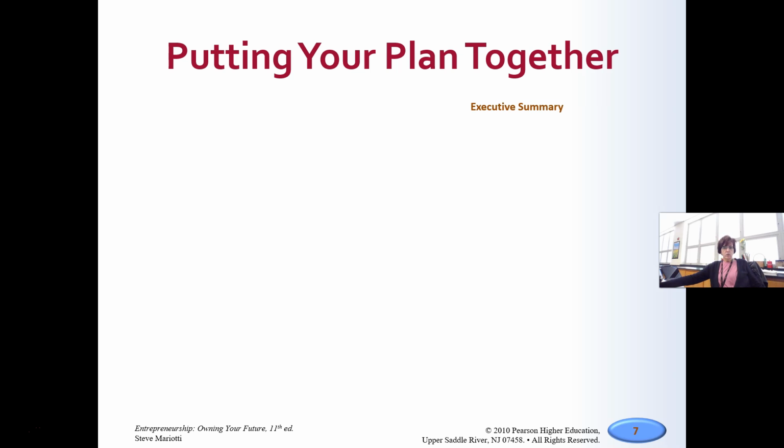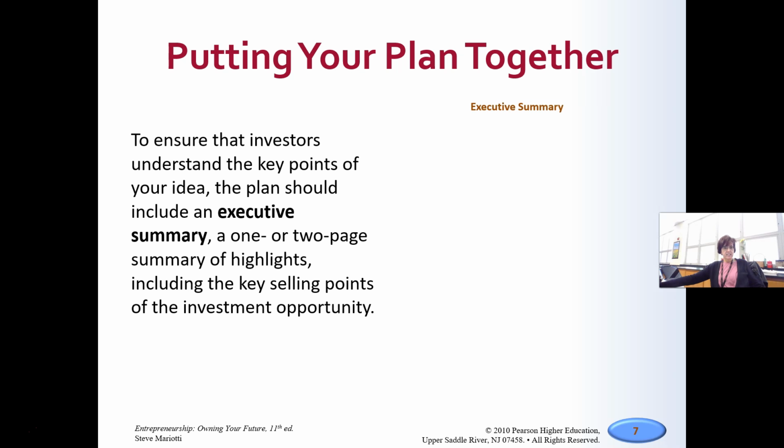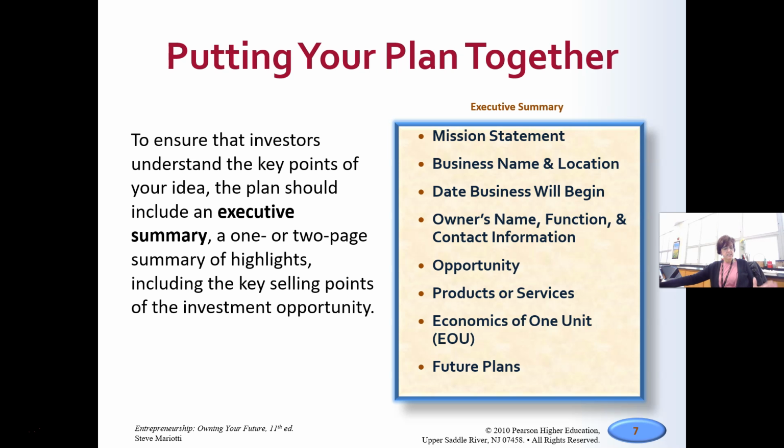Now, the very last thing on your test I'm going to ask you about is the executive summary. This executive summary is written very last. So you put your plan together, and then the last thing you do is write this executive summary, and it's 1 or 2 pages typed.